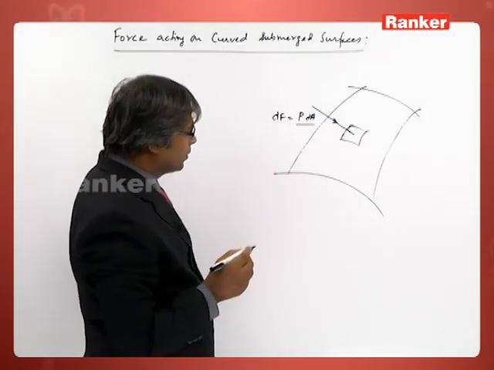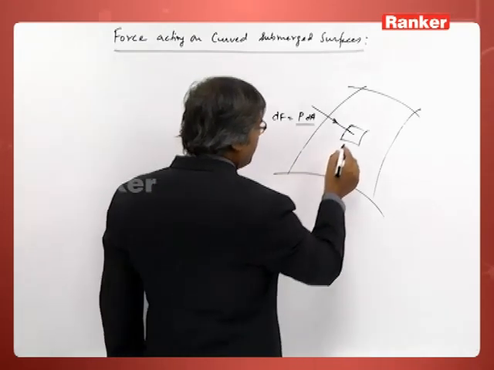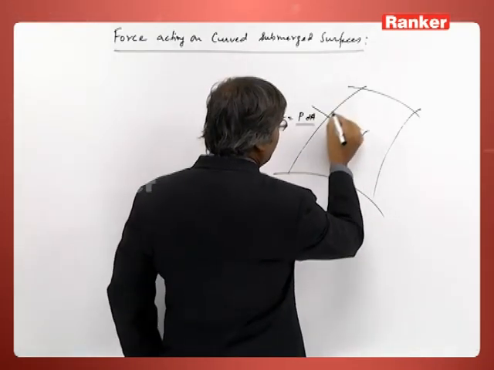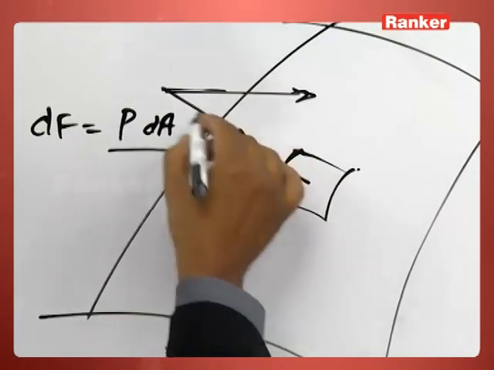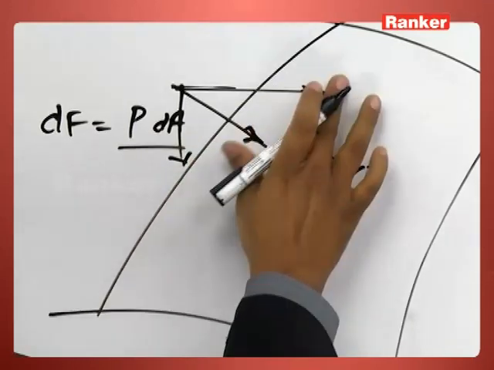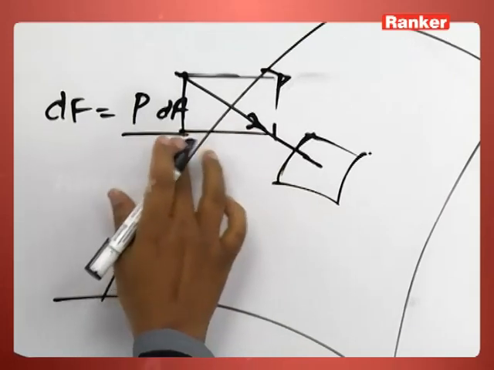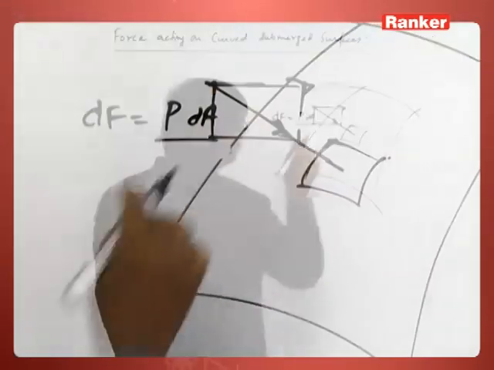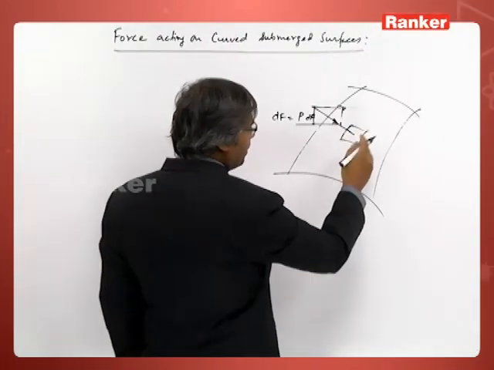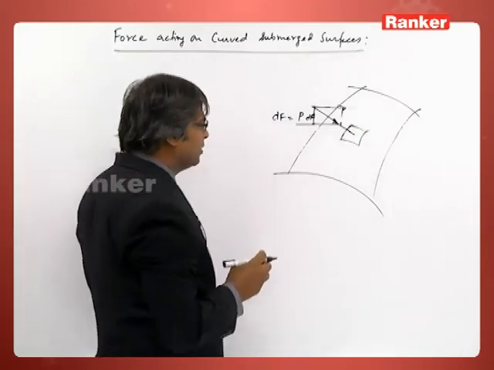Now this force will have two components, one along the horizontal and one along the vertical. So this is the horizontal component and this is the vertical. Now let us see how we get these components.